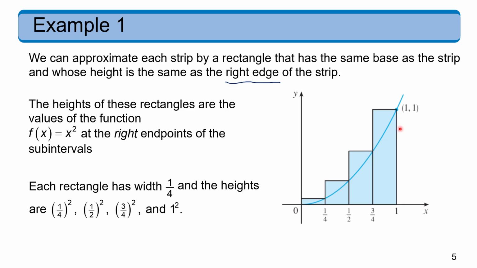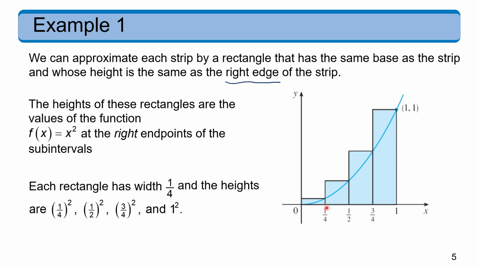Okay, so how do we visually see where the top of each rectangle is? We need to now know the dimensions of each rectangle so that we can find the area of each rectangle. The width of each one is clear. Each one of these has width 1/4. Now for the height part.